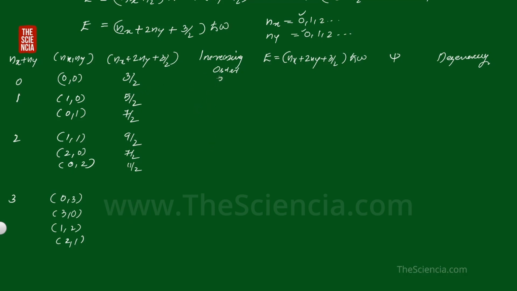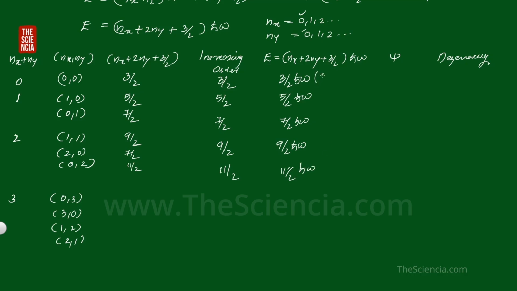That is, this is 3 by 2, then 5 by 2, then 7 by 2, then 9 by 2, then 11 by 2. So the energies are 3 by 2 h cross omega, 5 by 2 h cross omega, 7 by 2 h cross omega, 9 by 2 h cross omega, and 11 by 2 h cross omega.